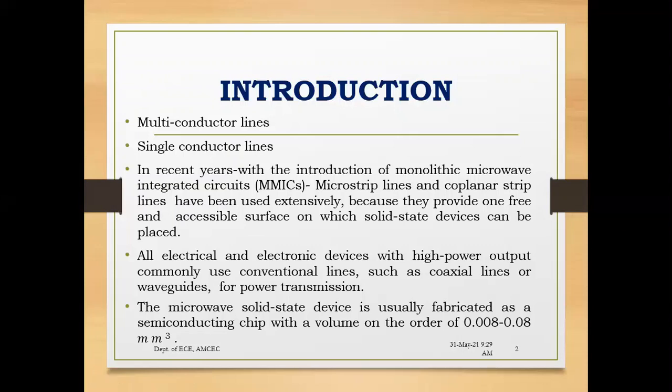So we go for the next one, that is microstrip line and coplanar lines. These are mainly used in the monolithic microwave integrated circuit, which we call MMIC. With recent years' development, these microstrip lines and coplanar lines are extensively used in MMICs.